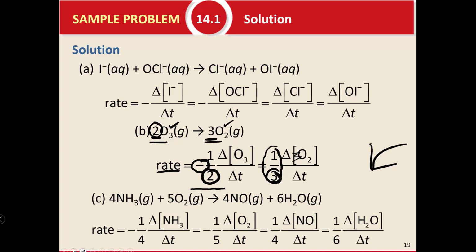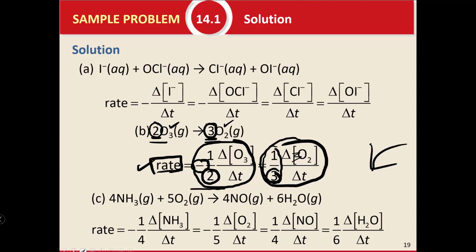You need to know that for every 2 ozones consumed, 3 oxygens are formed. But the rate of reaction has to be the same, regardless of whether we're determining it based on ozone or based on oxygen. It has to be the same value here. If it's not, that means you've made a mistake in these correction factors or the signs. So just keep that in mind. And then you can do the last one, see if you understand that one.